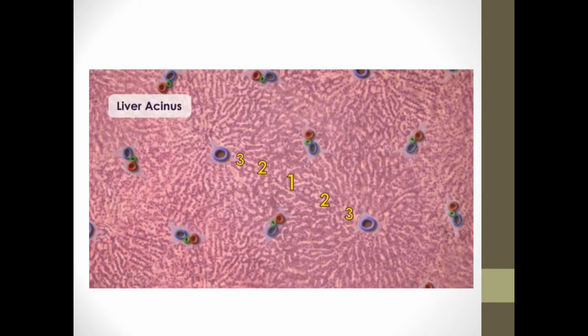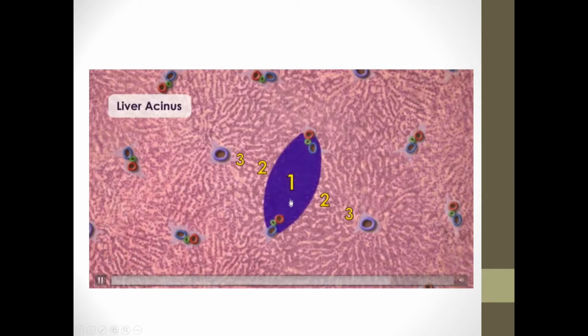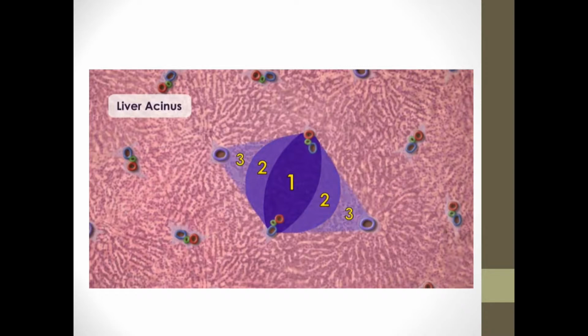The first zone hepatocytes receive oxygen and nutrient-rich blood, and the main function of these hepatocytes is synthesis.